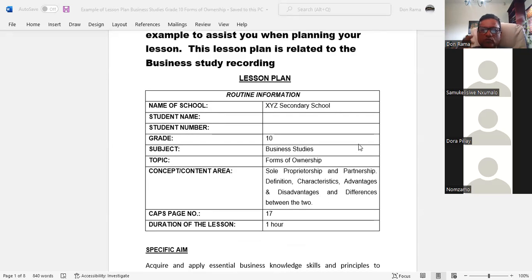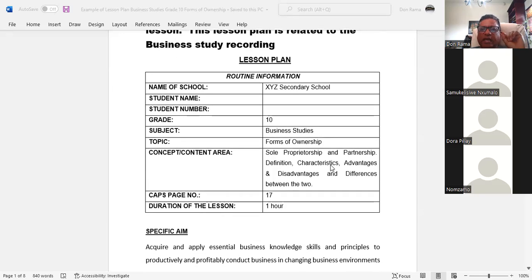Now, if you look at the table, under topic, it says forms of ownership. And under topic, we have concept and content area. What we write here is what we are going to focus on under this topic, forms of ownership. Under forms of ownership, we are going to teach two forms of ownership, that is sole proprietorship and partnership.